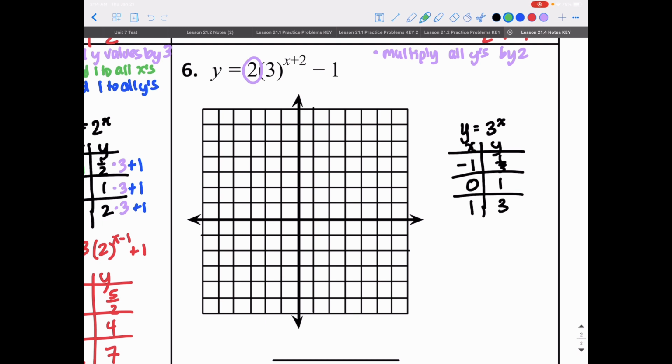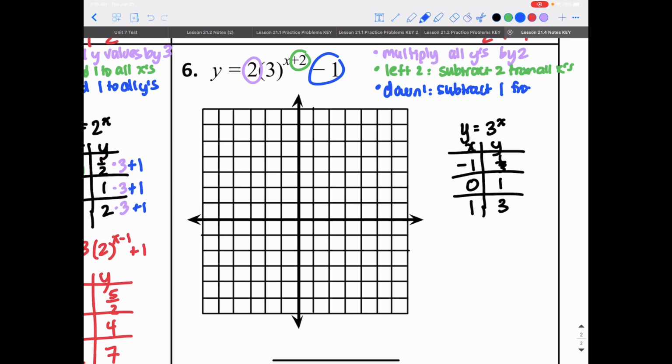I know this plus 2 means I'm moving left 2, so I'll be subtracting 2 from all x's. And then I know this minus 1 means I'm moving down 1, so subtract 1 from all y's.